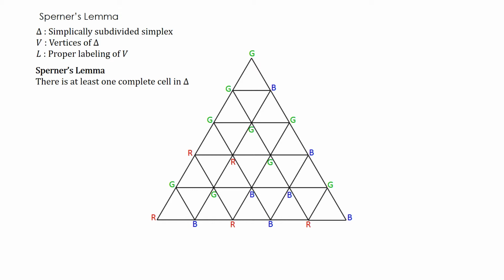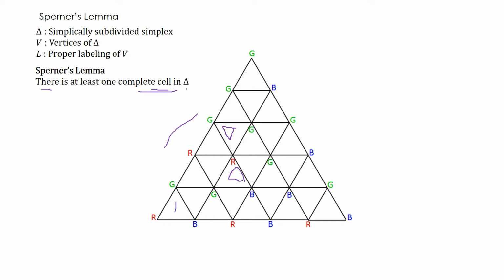Sperner's lemma tells us that there is at least one complete cell. Each of these smaller triangles is a cell, and there is at least one complete cell in delta, which is the simplicial subdivision. So here we can see there is one small RGB triangle.